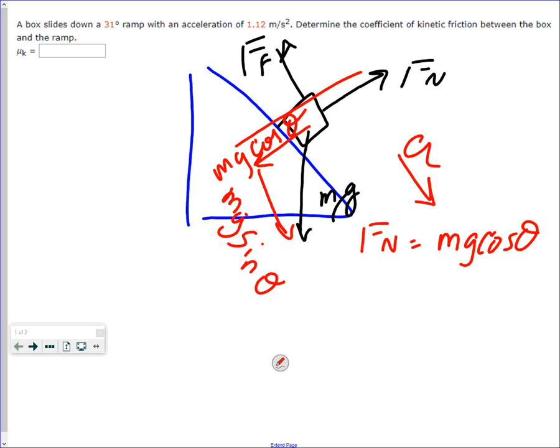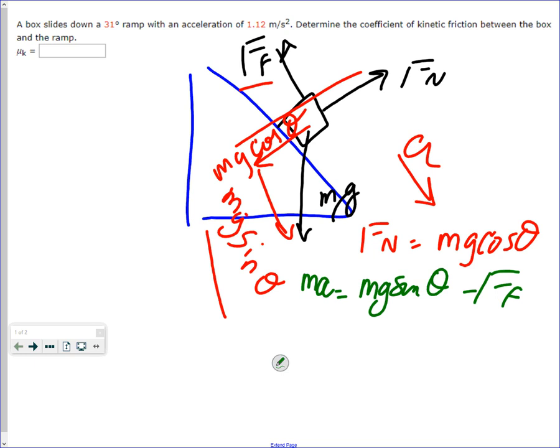We also know that if the forces were balanced, this one would equal that, but it's not balanced. We're accelerating down the hill. So we're using our bigger minus smaller thing, right? ma equals the bigger one, mg sine theta, minus the force of friction.